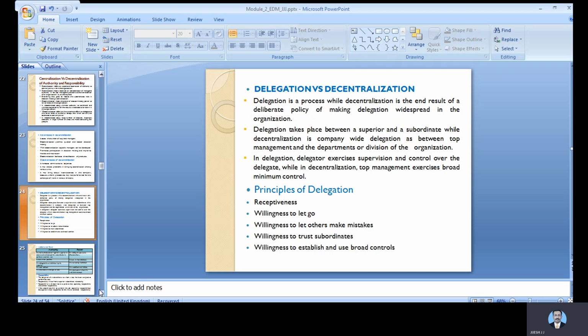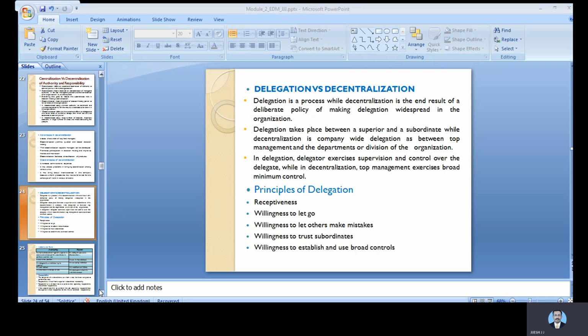Delegation takes place between the supervisor and the subordinate, while decentralization is company-wide, between top management and the divisions or departments of the organization. Delegation exercises supervision and control over the delegates, while top management exercises a broad minimum control. So these are some of the things which can be said about delegation.